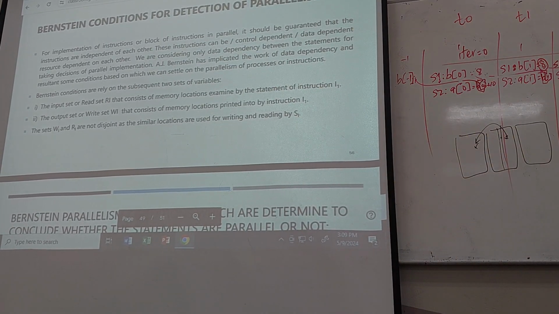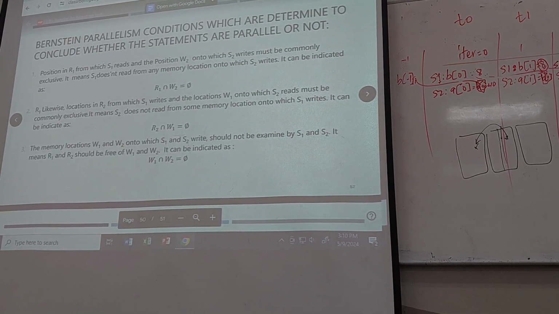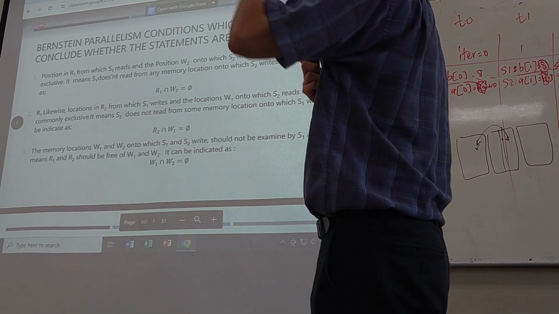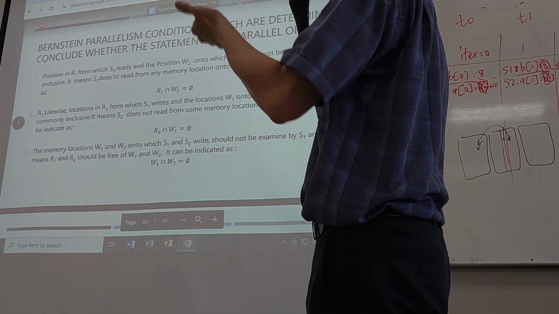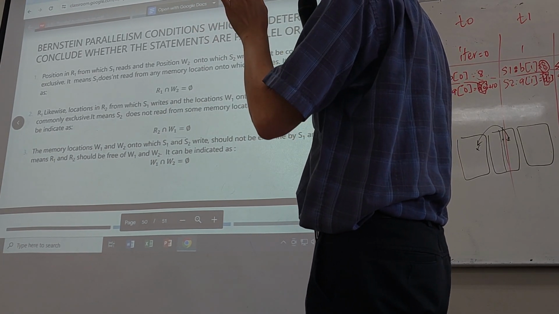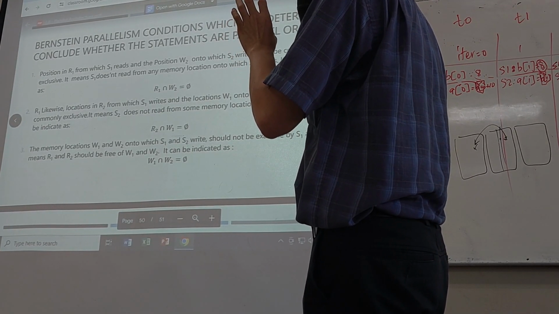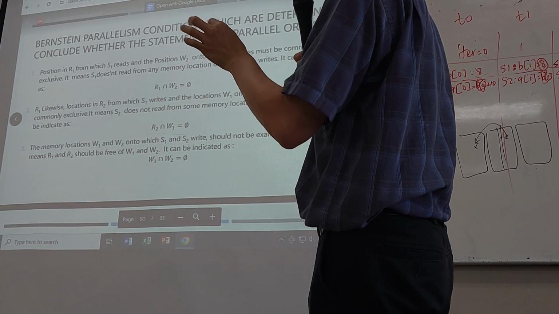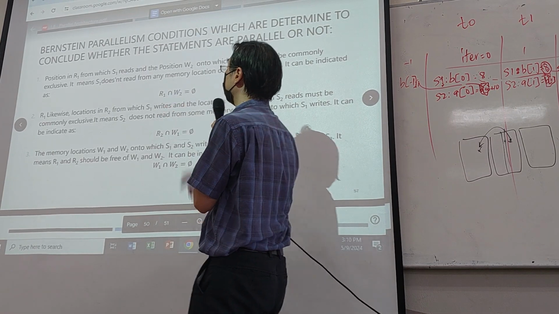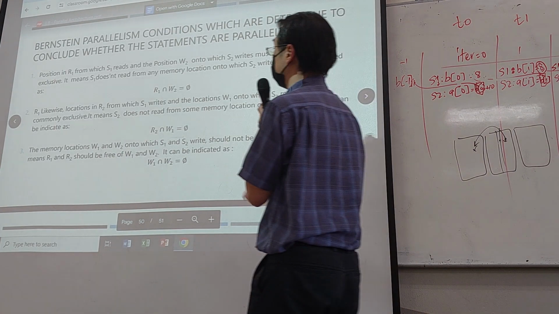Let's look at the condition. Now we have two different kinds of set. The first set, just now you see, is the read set and the write set. So you have to look at the instruction, whether the instruction involves any read set or write set. In order to ensure that it can be run in parallel, these are the conditions.